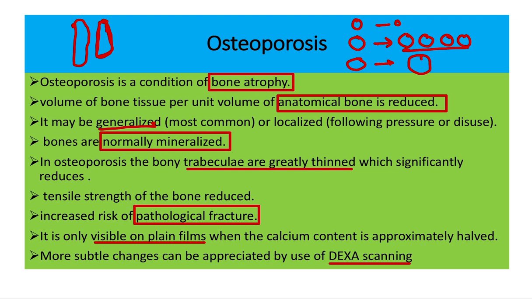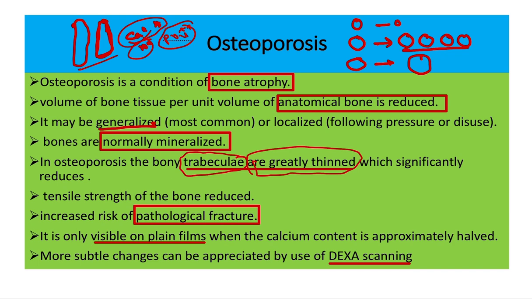This point is very important: the minerals, that means calcium, phosphate, hydrogen ions and other mineral components present in the bones, are very normal. But the trabeculae are greatly thinned. The trabeculae give the strength of the bone, which is reduced, and for this condition the tensile strength of the bone is reduced.